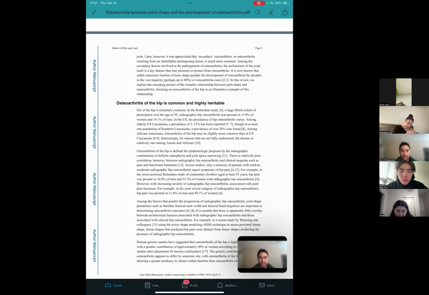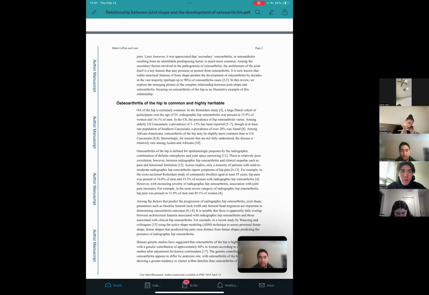Among secondary factors involved in the pathogenesis of osteoarthritis, the architecture of the joint itself is a key feature that may promote or protect from osteoarthritis. It is known that subtle structural features of bone predate the development of osteoarthritis by decades in the vast majority, perhaps up to 90% of osteoarthritis cases.